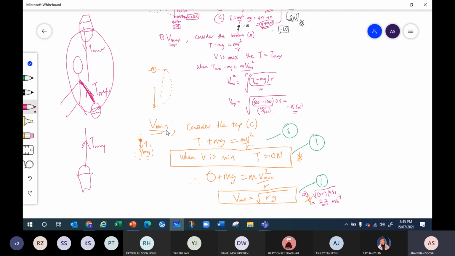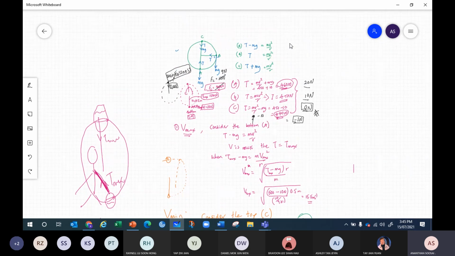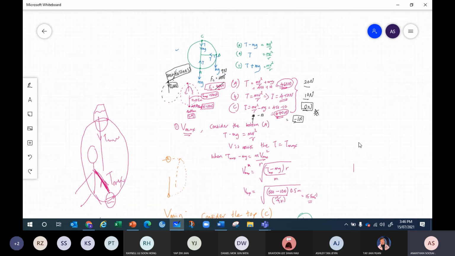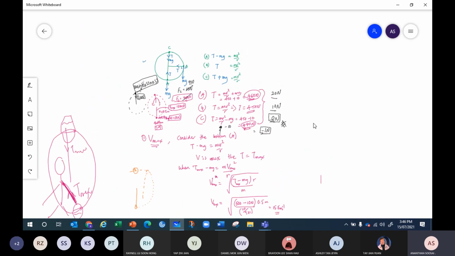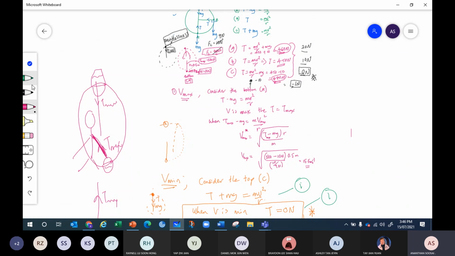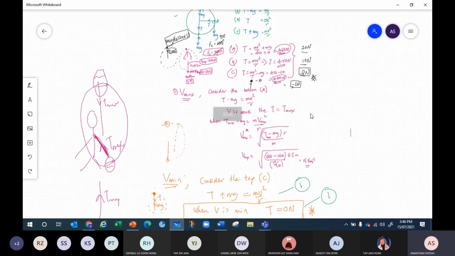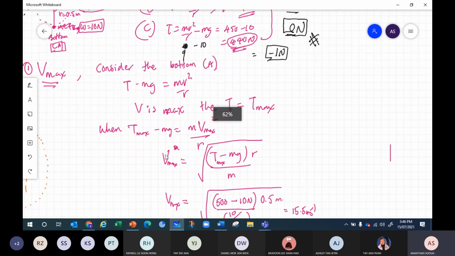Okay, so remember, any questions, guys? No questions? So this entire derivation, just now the A, B, C, the three formulas, the V max, where to consider, what is the equation, what is the V max formula.